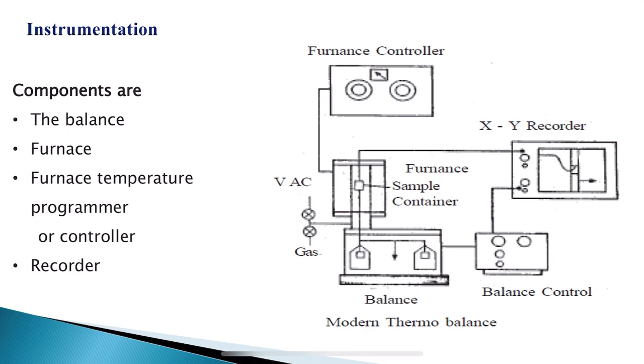Say, for example, the platinum crucible will bear up to 1000 degrees centigrade, a ceramic crucible will go up to 1400 degrees centigrade, and a silica crucible will go up to 2000 degrees centigrade. So, depending on what sort of sample we are taking, if it is resistant to 1800 or 1900 degrees, then obviously we have to use a silica crucible, because if we use platinum, the crucible itself may undergo physical and chemical changes when it is kept inside the furnace. Okay.